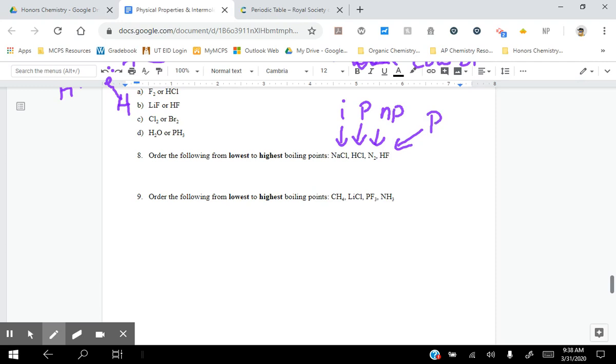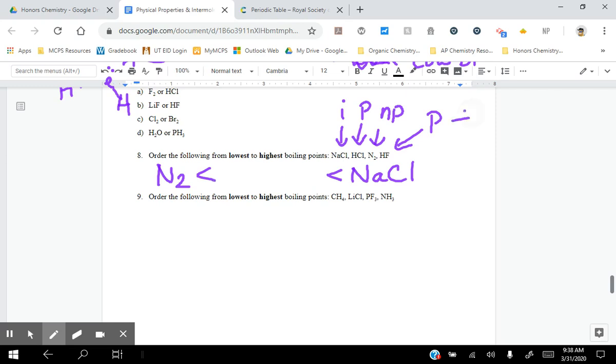Now, I know that ion-ion attractions are the strongest, so NaCl is going to have the highest boiling point. And then I know nonpolar has only London dispersion forces, so I know N2 is going to be the lowest boiling point. Now, to figure out how to classify HCl and HF, I have to see if they have, one, a difference in their intermolecular forces, and then two, a difference in their London dispersion forces.